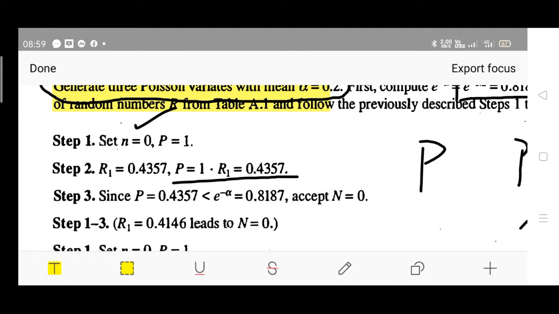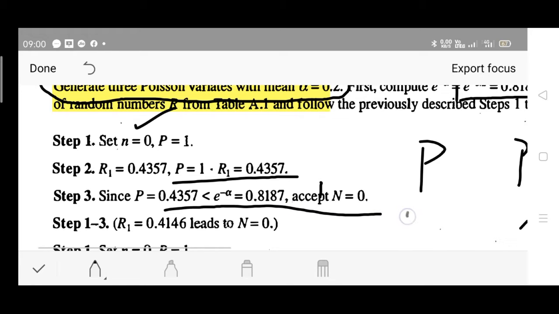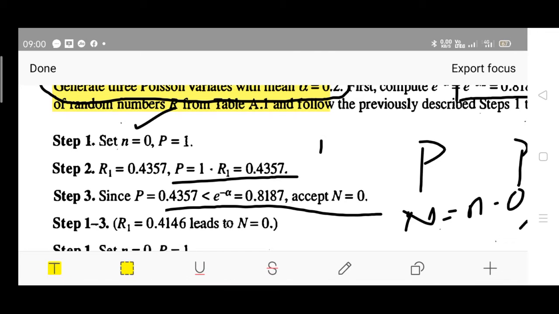So in step number 3 you observe, since P is less than e to the power minus alpha, accept capital N, how? N equal to small n, which is equal to 0. Fine. So from step 1 to 3, what does it indicate? R1 equal to 0.4357 leads to the value of capital N as 0.